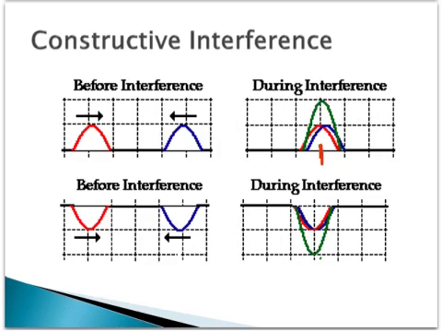The resulting wave is a combination of those two, so it has a resulting amplitude of 2 units. You're simply adding it, right? Same thing if you had two troughs meeting together. They both have an amplitude of minus 1 unit in this case, so their resulting amplitude would be minus 2 units. Just simply adding them together.